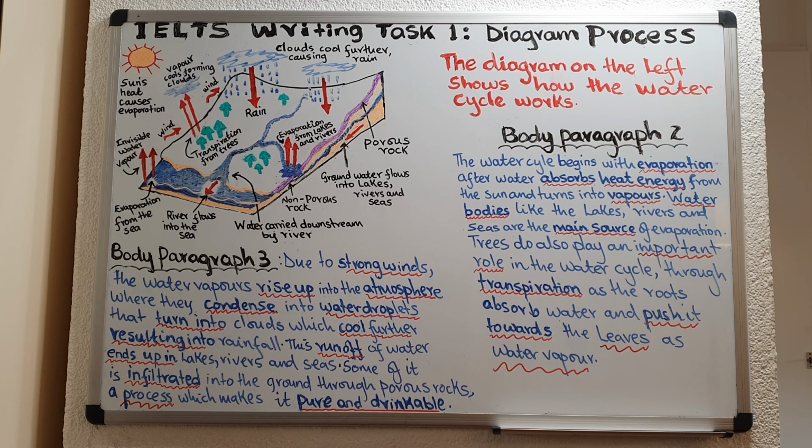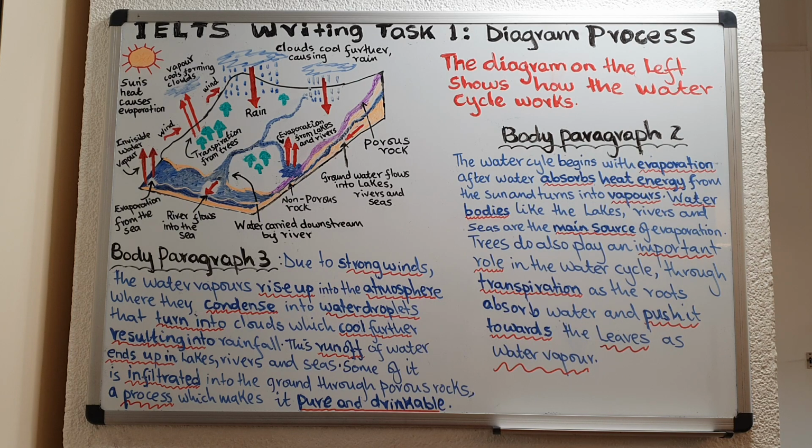Now, once we have established that, then we begin writing our body paragraph 2. The water cycle begins with evaporation, after water absorbs heat energy from the sun and turns into vapors. Okay? So that is really the first step.